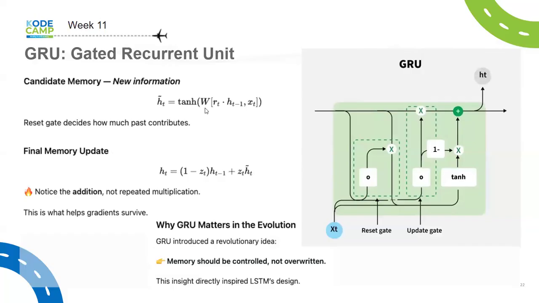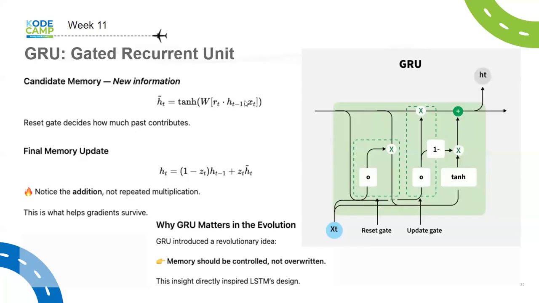If you remember, LSTM had 5 sets of weights, but GRU has 3, because the output gate was dropped and the cell state was also dropped.